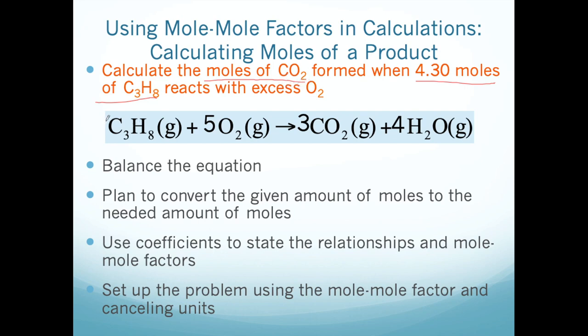That's going to be important, that chemical, and we're trying to figure out the moles of carbon dioxide. So we're going to look at these 2 coefficients. These are the 2 that we want to compare because those are the 2 chemicals that this question is involving with each other. Okay, so let's write this out.